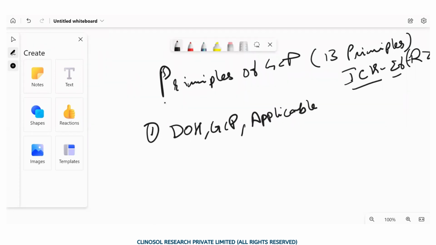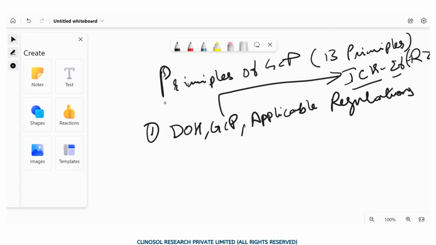Applicable regulations means, if you are submitting an application in India, then you need to follow the DCGI regulations or CT regulations given by CDSCO or DCGI. DOH stands for Declaration of Helsinki, which is one of the most important guidelines, specifically used for physicians. And GCP, as usual, is good clinical practice, which is ICH E6R2.